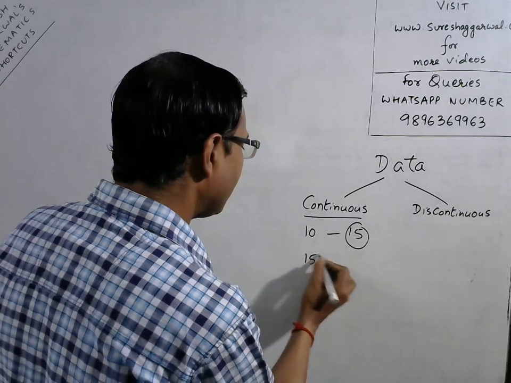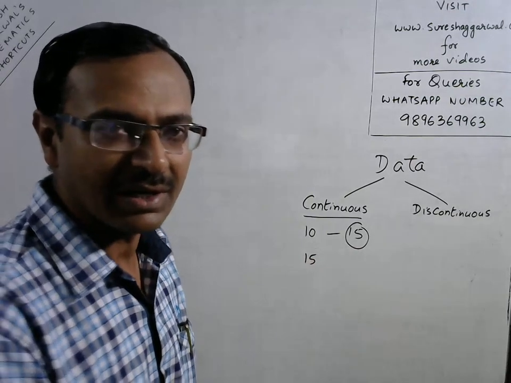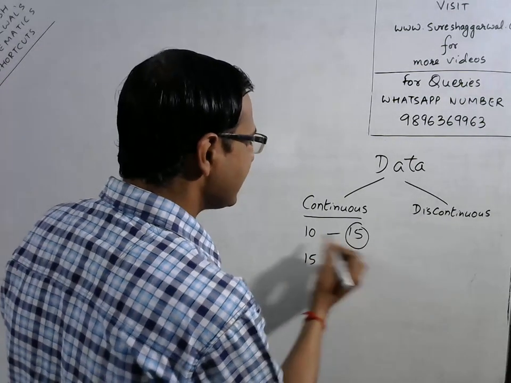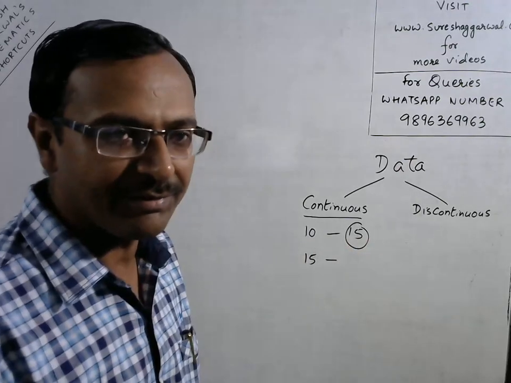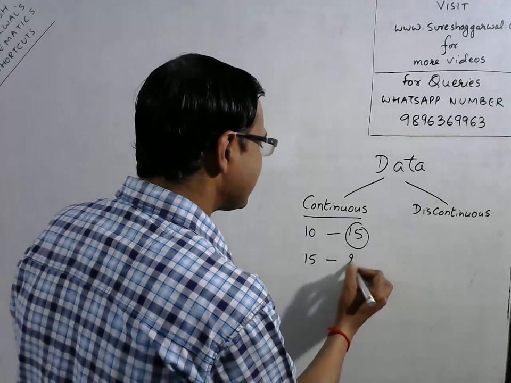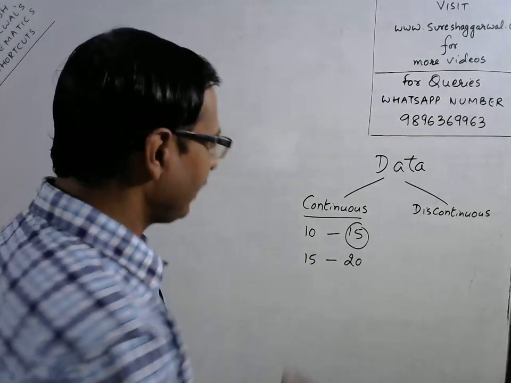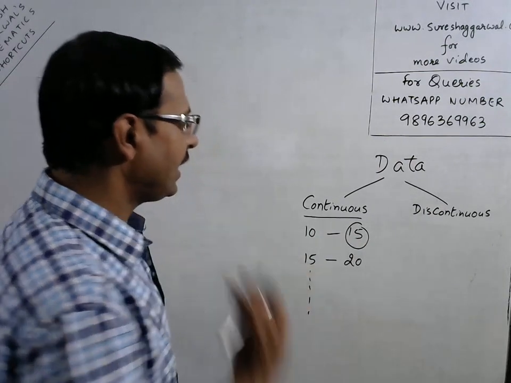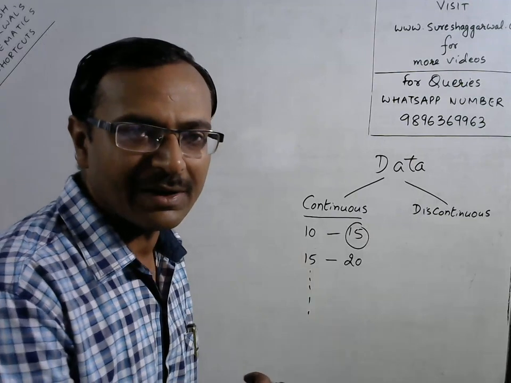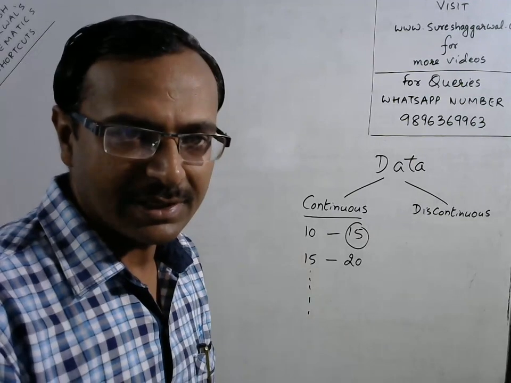So 15 will be the lower limit of the next class interval, and the class size, 10 to 15, is 5, so the class size will be the same: 15 to 20. If the data continues in this manner, this is called continuous data.